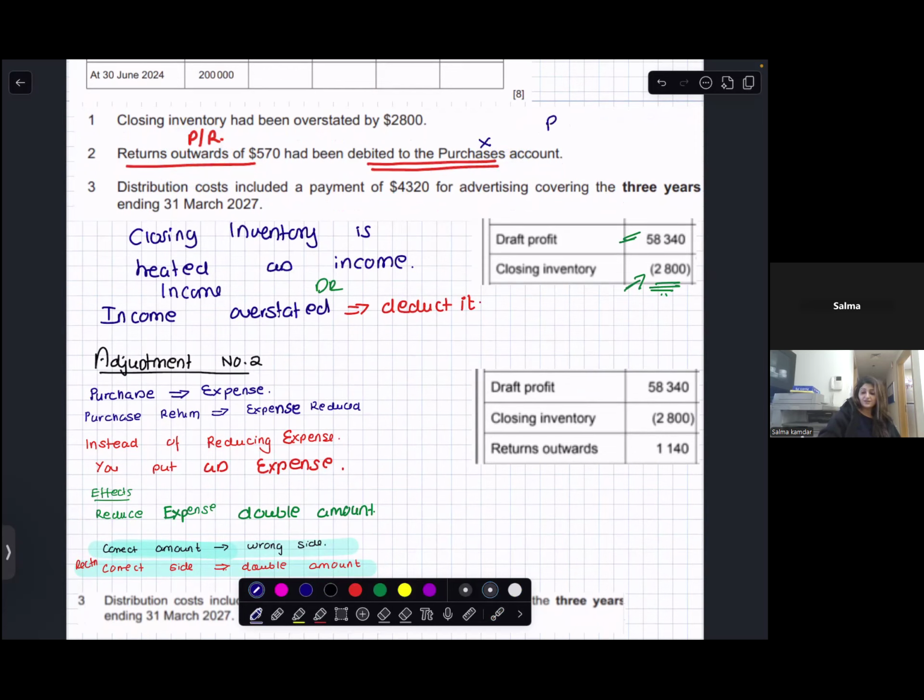So I have to do purchase credit. That means I have to do expense credit. If I have to do expense credit, that means I will increase my profit.